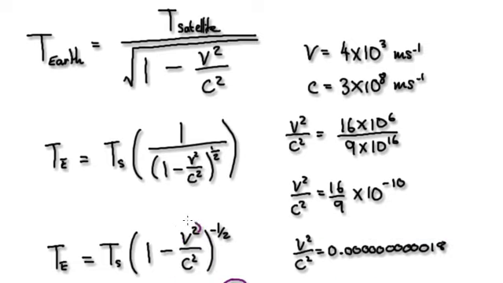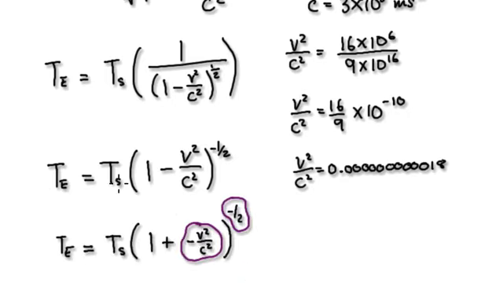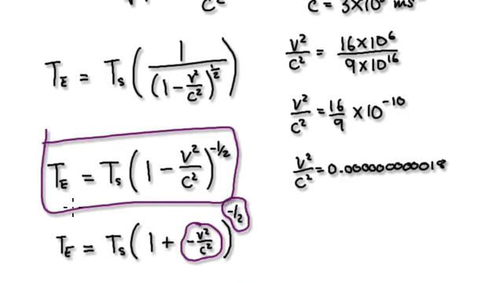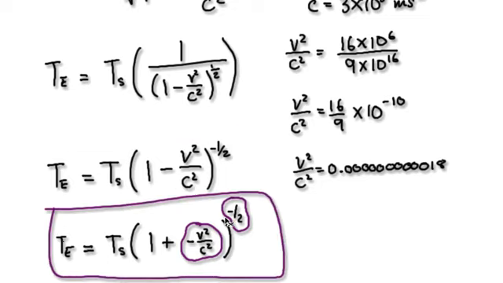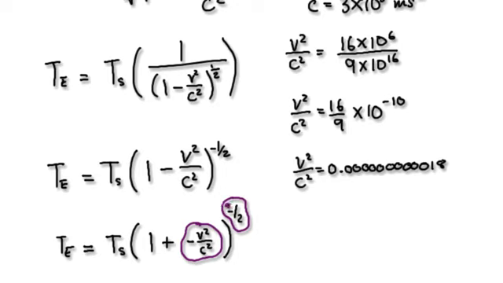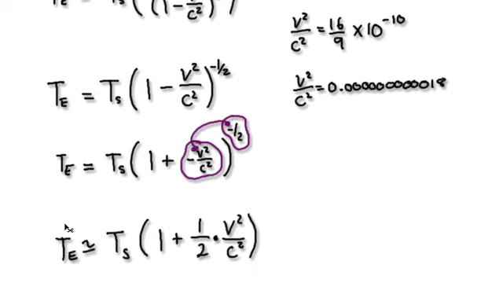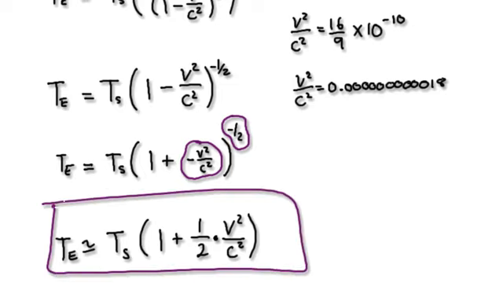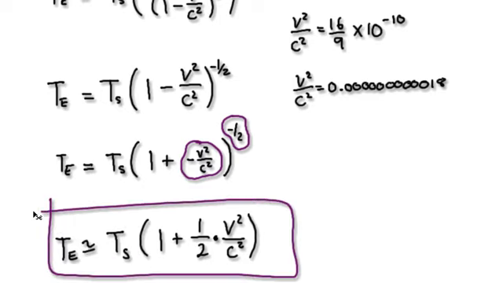Because this thing here is near to 0, we can approximate it now. In your mind, visualize it like this. The minute you have this, you can just get this times this. That then becomes this, so here you have something that's much simpler. The relationship between the time on Earth and the time on the satellite is roughly this.